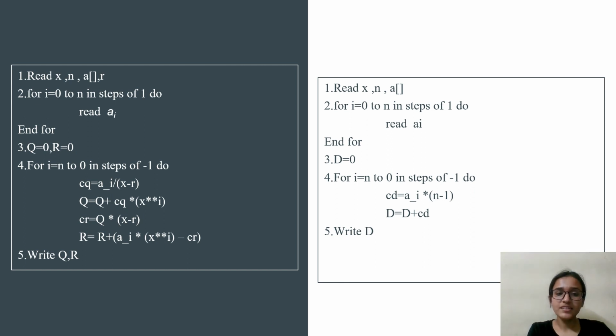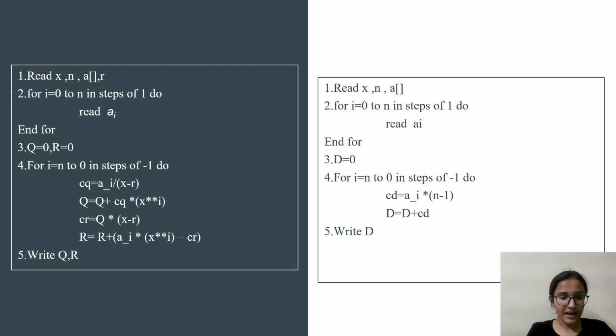So here a sub i is a of i, the coefficient of the current term. And then we will add the computed value to the quotient polynomial Q. CR represents the current term of the remainder, which can be calculated by multiplying the quotient of the current term with x minus r.